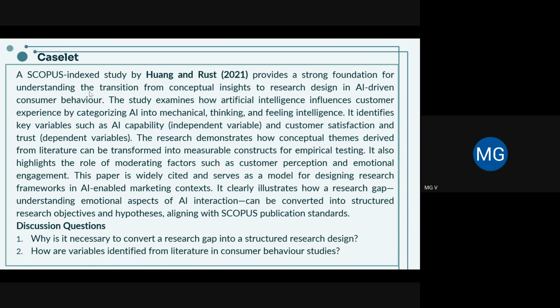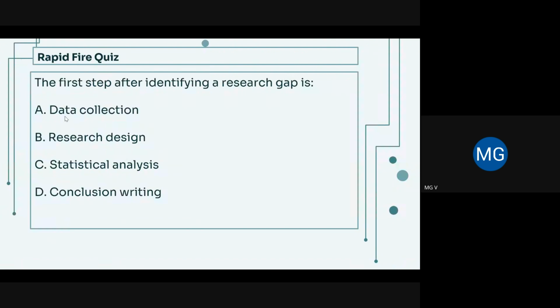A Scopus indexed case study by Huang and Rust provides a stronger foundation for understanding the transition from conceptual insights to research design in AI-driven consumer behavior. The study examines how AI influences customer experience by categorizing AI into mechanical, thinking and feeling intelligence. It defines key variables such as AI capability, that is the independent variable, and customer satisfaction and trust as DV, dependent variables.